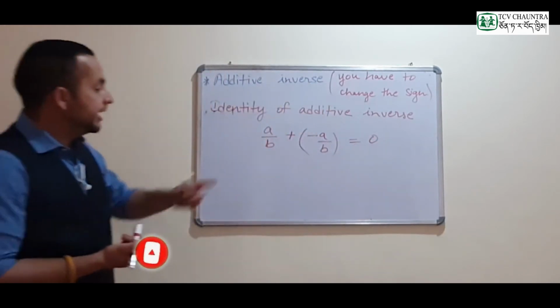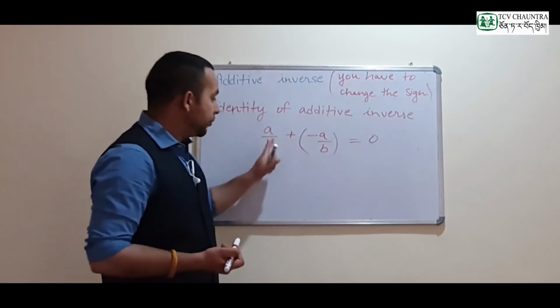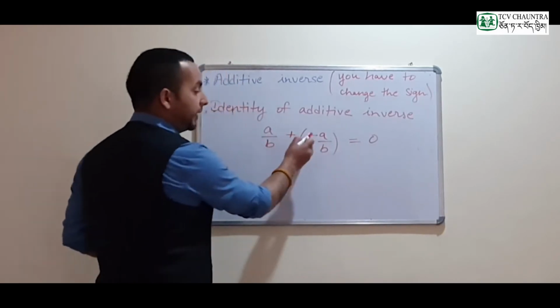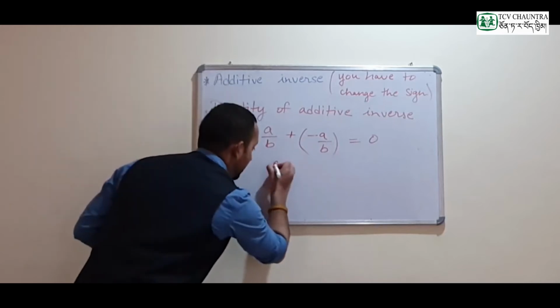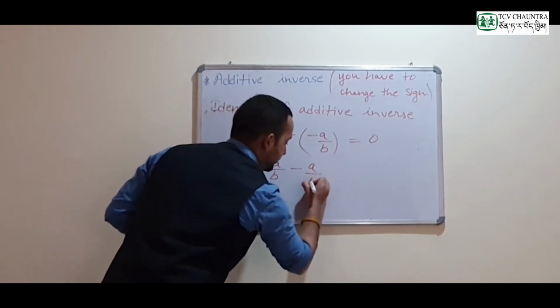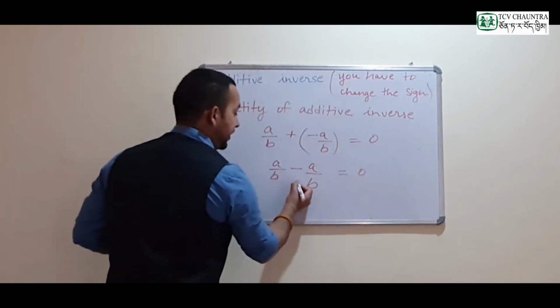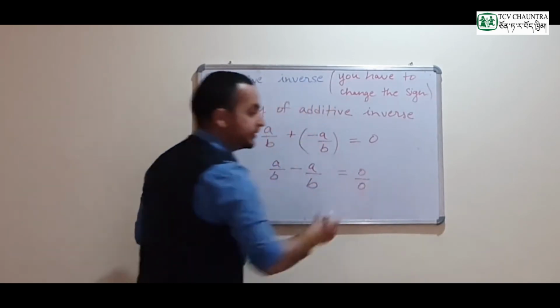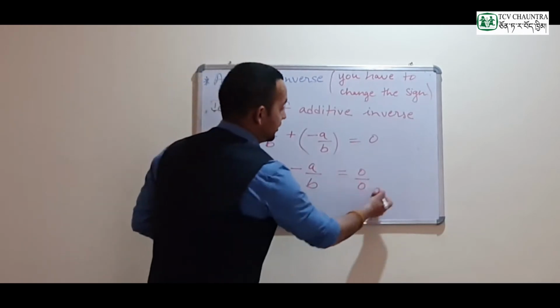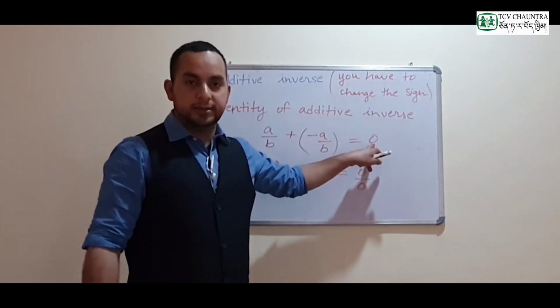A upon B plus minus A upon B: A minus A is equal to 0, B minus B is equal to 0, which means 0 upon 0. That is your 0. So the identity of additive inverse is always 0.